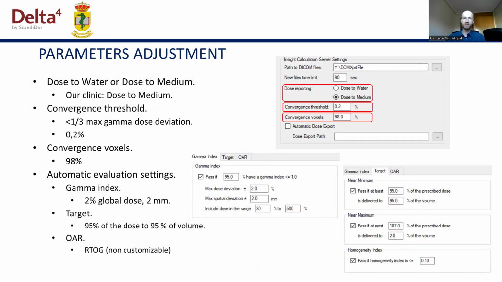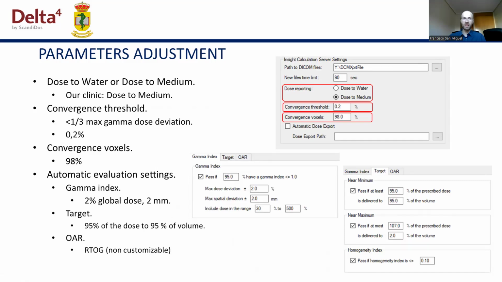Regarding the organs at risk, the objectives are dependent on the fractionation scheme, and a list of organs at risk objectives will be automatically, this is important, automatically selected based on the number of planned fractions in the DICOM plan. These lists exist for treatments with 1, 3, 4, 5, and more than 15 fractions.